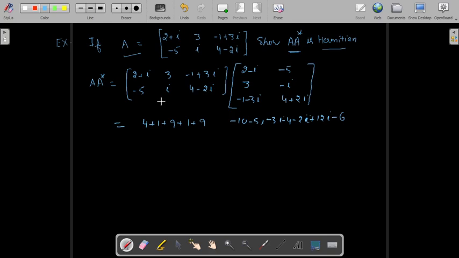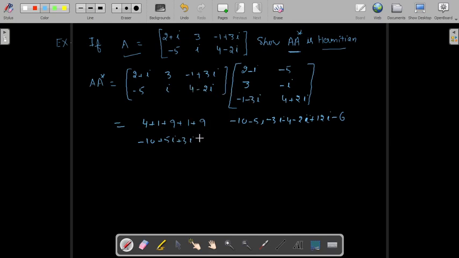Next, this row, second row, first column. So this becomes minus 10 plus minus 5 into minus 2, so minus 10 plus 5 iota. Next, iota into 3, so plus 3 iota.